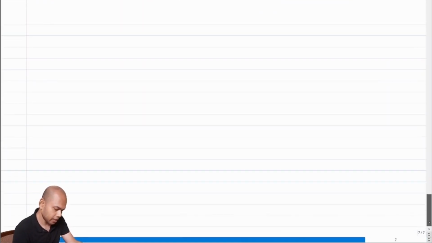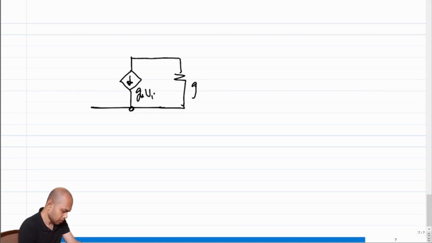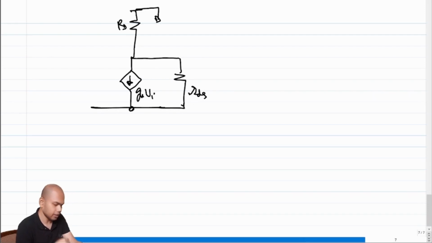So again, if I sketch, let me call this RDS instead of calling it GDS. Let me call this RDS because we are talking about resistances, not conductances.